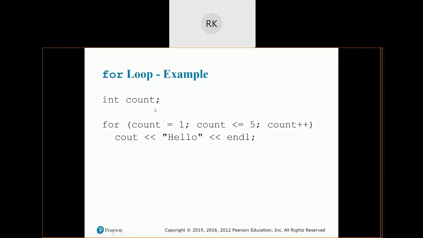For example, you say int count. It doesn't have any value at the beginning, but here, for count equal to 0, this is called initialization. The initial value is given, then the condition count is less than 5, and then count plus plus, and then the word hello.